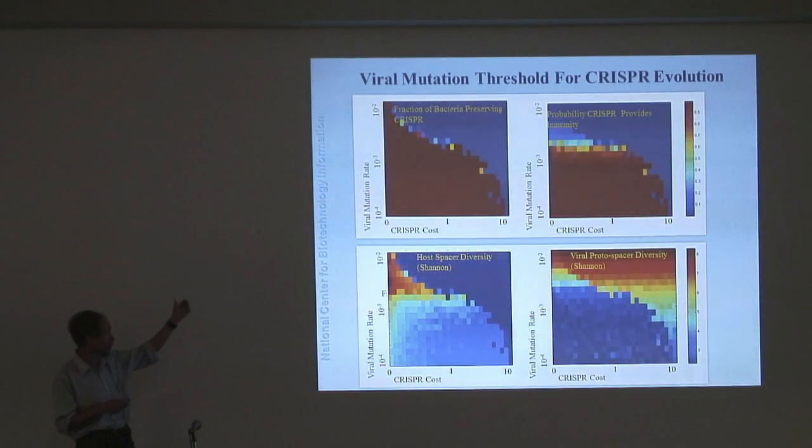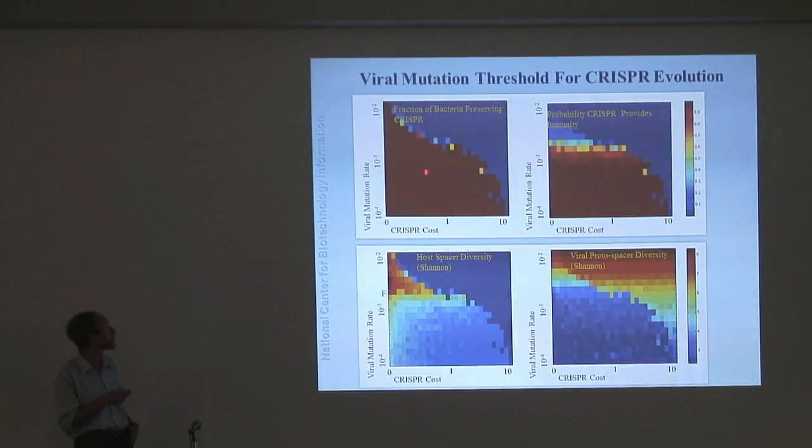It's like a three-dimensional plot, pretty much, where the color serves as the third dimension. Here we have the virus diversity, more precisely the viral mutation rate, from low to high. And here we have the cost of the CRISPR, from low to high.